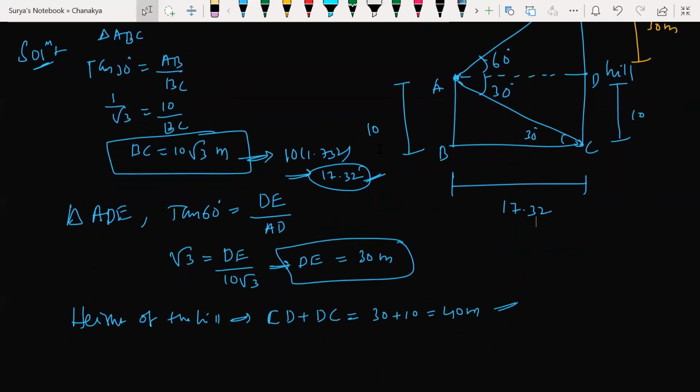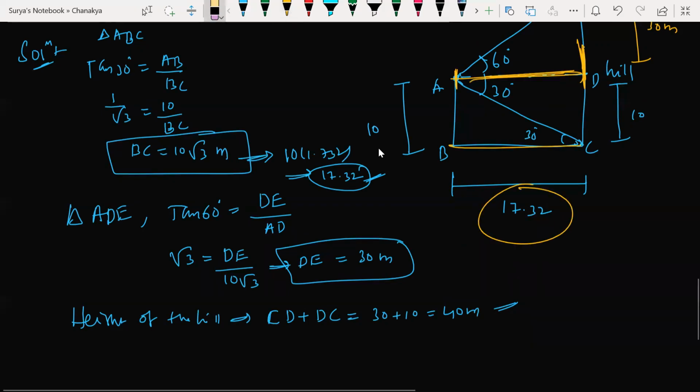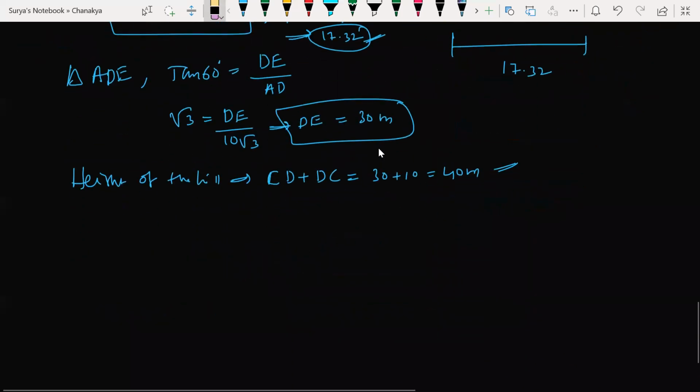Exactly, so tan will be ED by 10 root 3. See, what is being asked is the distance from the hill to the ship. This distance only, right? This from here to here will be equal, so if I got this one, then this one will also be the same. So that is the answer. Understood, okay, so this is the thing, guys.